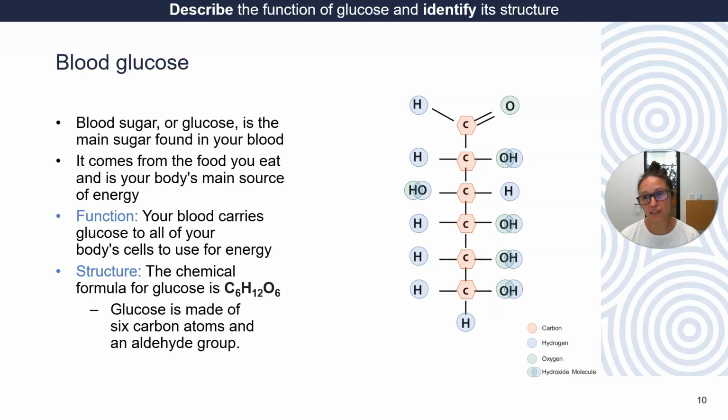Glucose is your body's preferred energy source. Okay? So when we eat sugary things, glucose goes into our blood, and then from there glucose travels around, and the cells that need glucose, they just grab it from your blood.